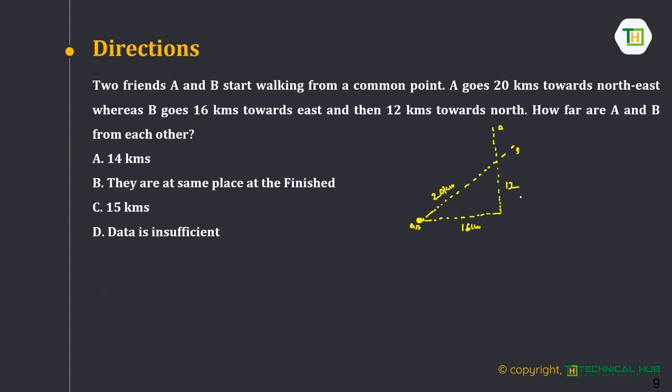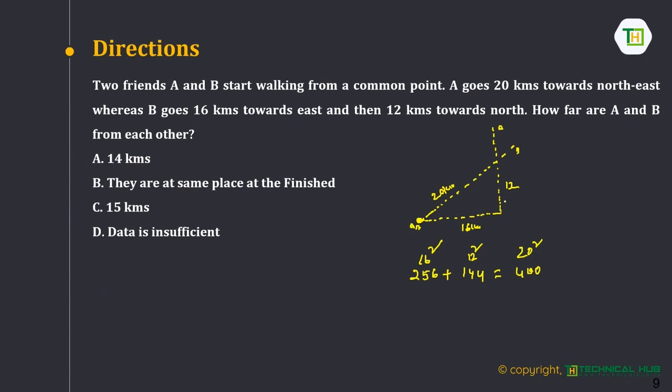If you observe here, 20, 16 and 12 are sides of a right angle triangle. Using Pythagoras theorem, side square plus side square equals hypotenuse square. 16 square is 256 and 12 square is 144. 256 plus 144 is 400, and 400 is 20 square.